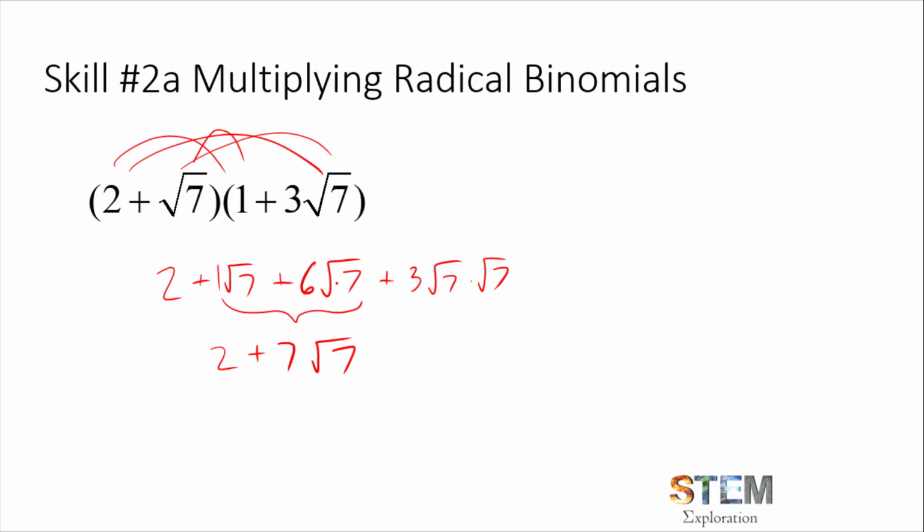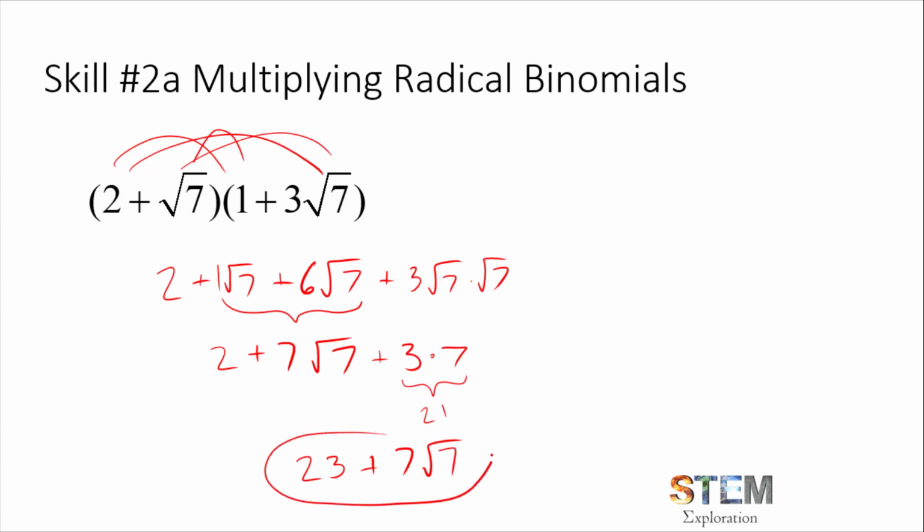Okay, 1 square root of 7 plus 6 square roots of 7 plus 3 times 7, since square root of 7 times square root of 7 is 7, which would equal 21. So 21 plus 2 would be 23 plus 7 square roots of 7. And that's how you would FOIL out a radical binomial.